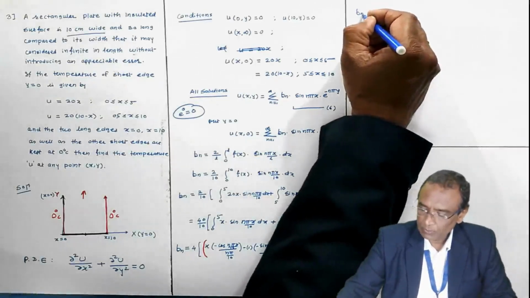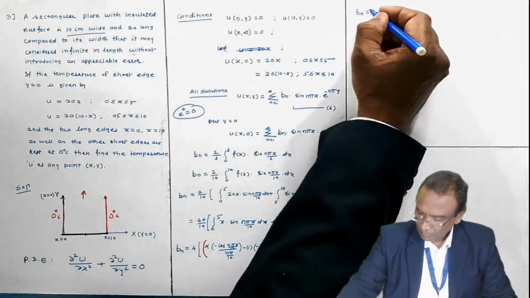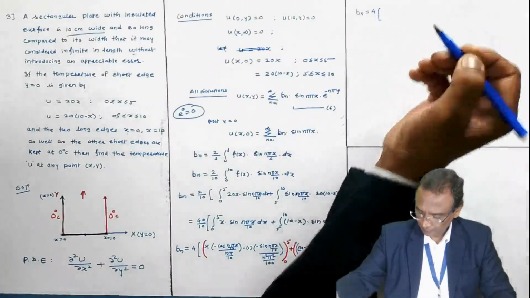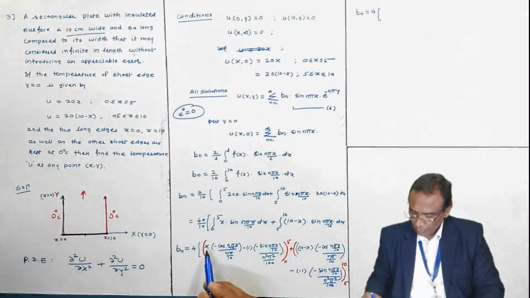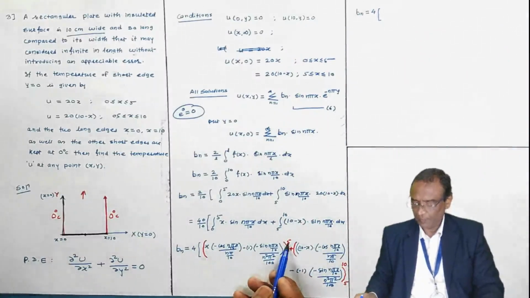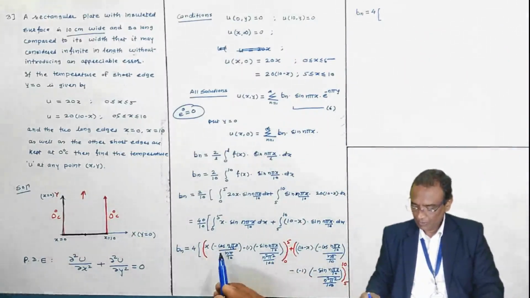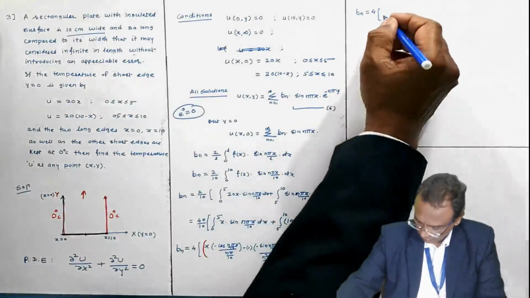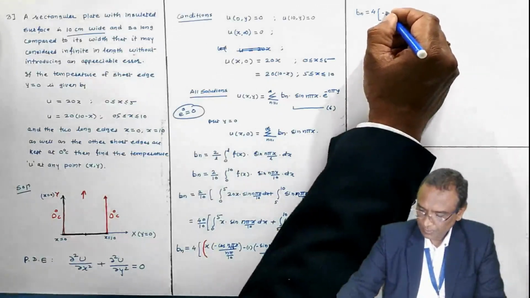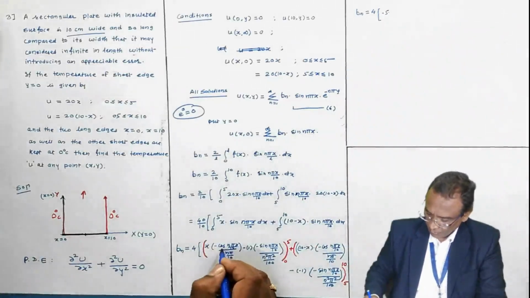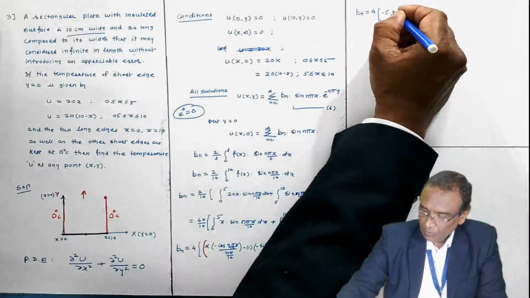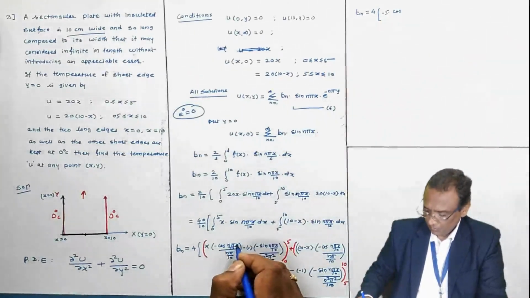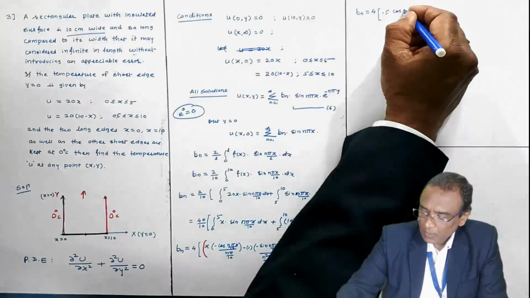bn equal to, write it directly now. The 4 is outside. Okay, if you substitute x equal to 5, what will you get? 5 minus 5, put x equal to 5, cos n pi by 2, cos n pi by 2.